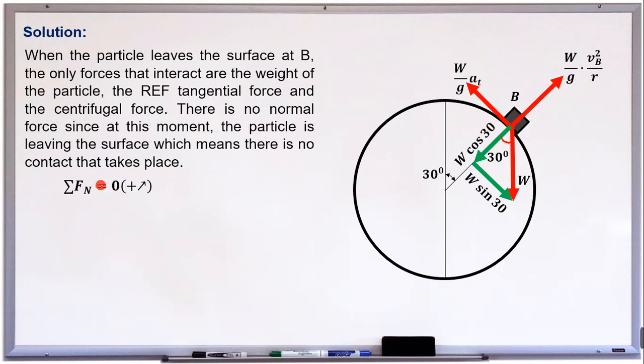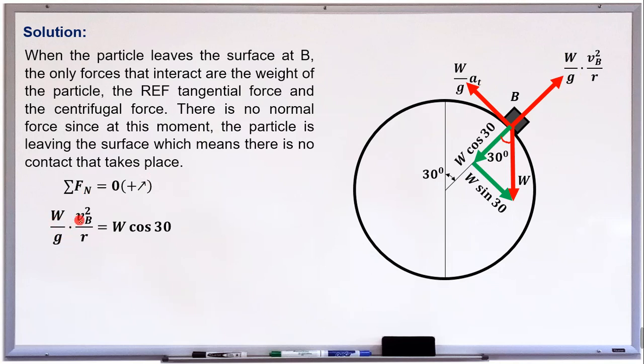So we can now use the summation of forces equal to 0. We take positive if the force is pointing in this direction. So we have the positive force, which is the centrifugal force.